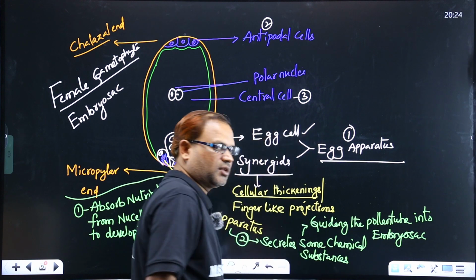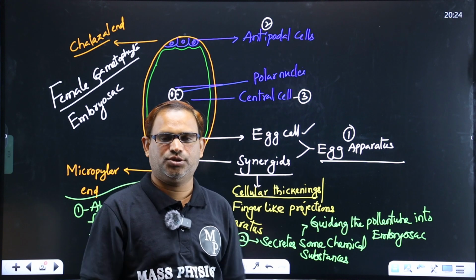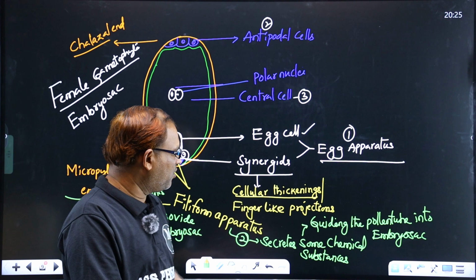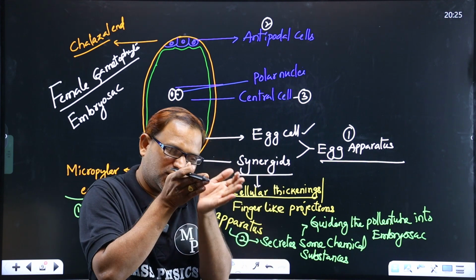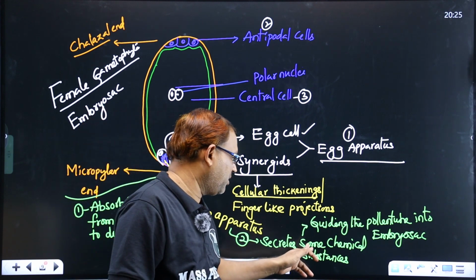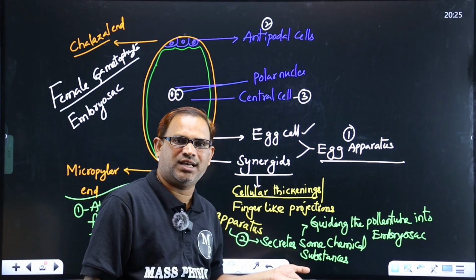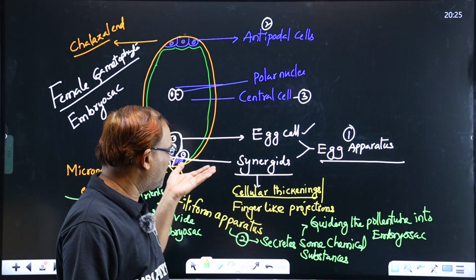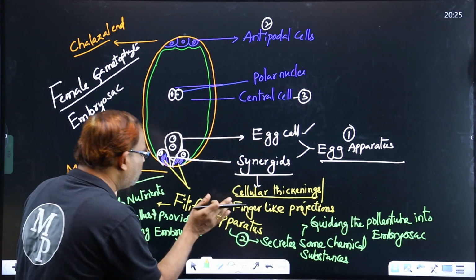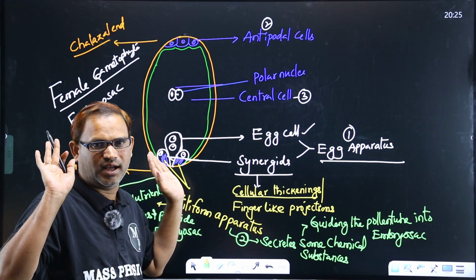When pollen grains fall onto the stigma, they produce a pollen tube with the help of sugar substances and boron and calcium elements. That pollen tube grows into the embryo sac due to attraction by chemicals produced by the filiform apparatus. So indirectly, it guides the pollen tube into the embryo sac. These are the two functions performed by the filiform apparatus. Clear, all of you?